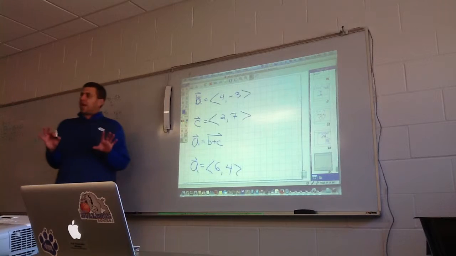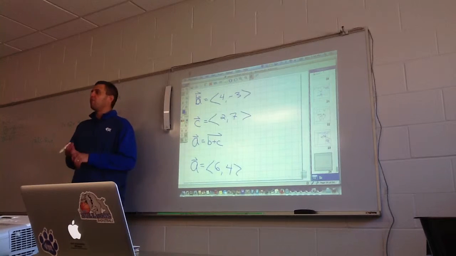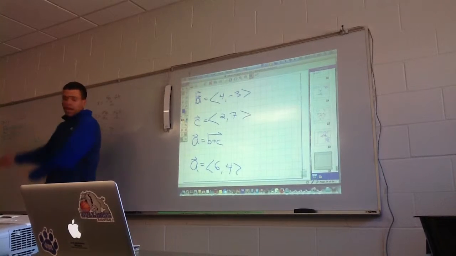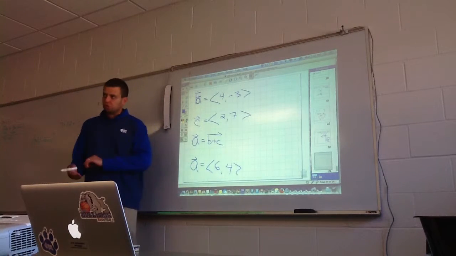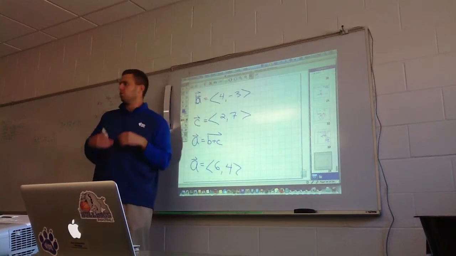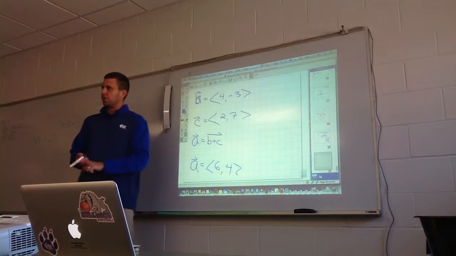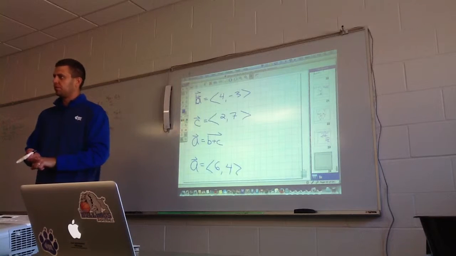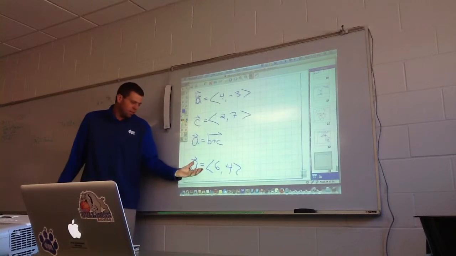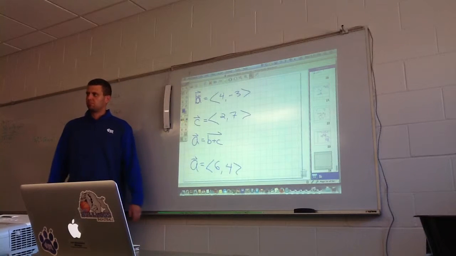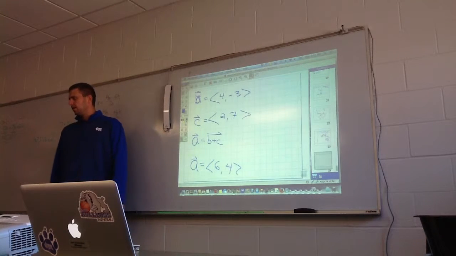I didn't even ask for that, but if I said now find the magnitude and direction of vector A, draw the picture, do Pythagorean's to find the magnitude, do inverse tangent to find the direction. But all it said was find vector A, or write vector A as an ordered pair. Easy enough there?